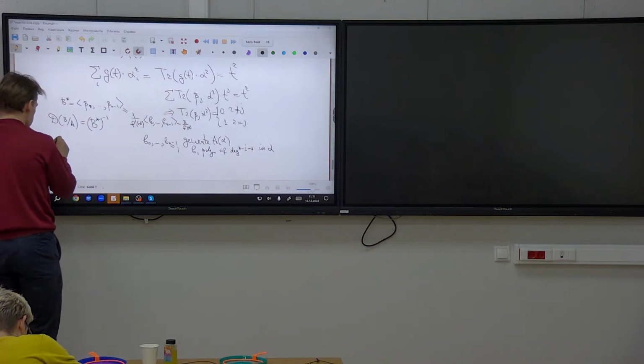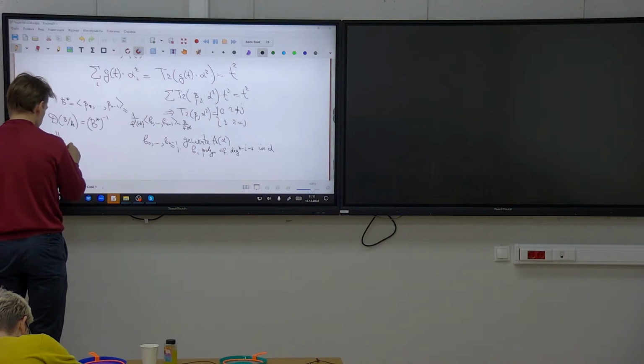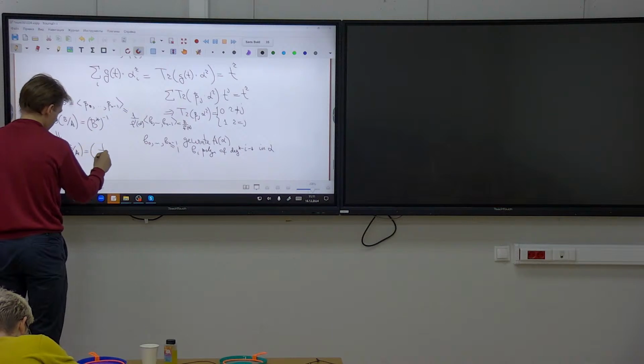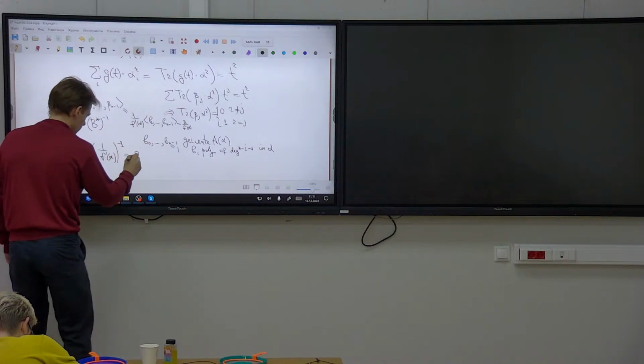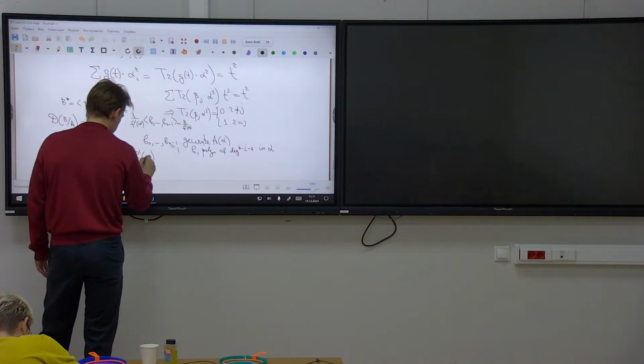So in particular D of B over A is the inversion of 1 over f prime of alpha, so this is just f prime of alpha.